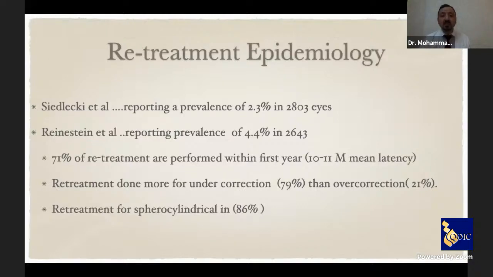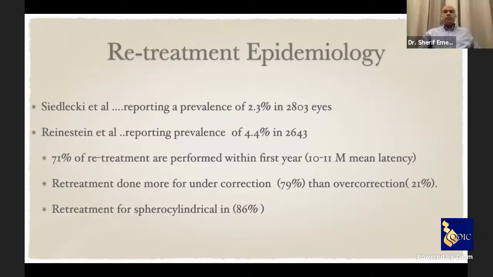Reinstein reported a prevalence of up to 4.4% in around 2,643. Of those patients, 71% of the retreatments were performed within the first year, with a mean waiting time of 10 to 11 months.